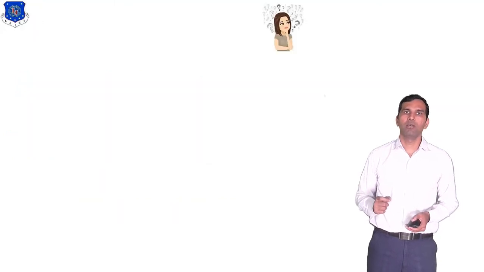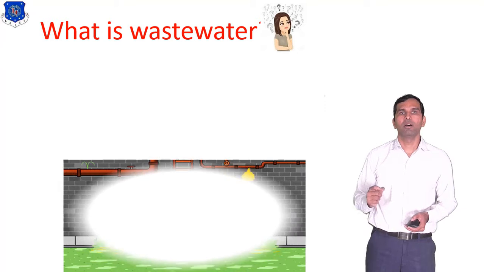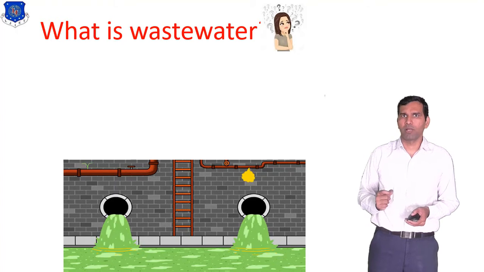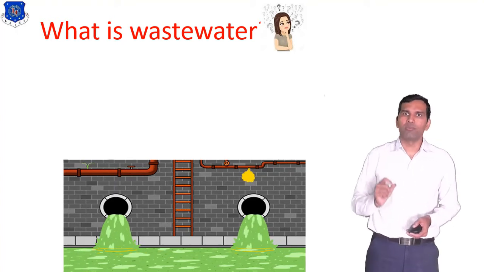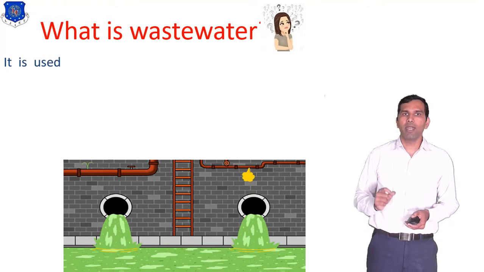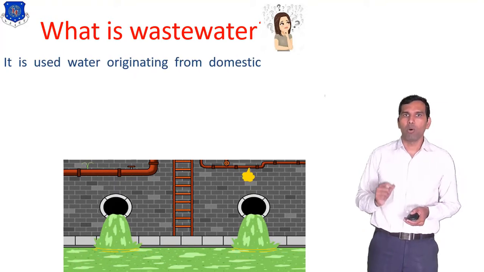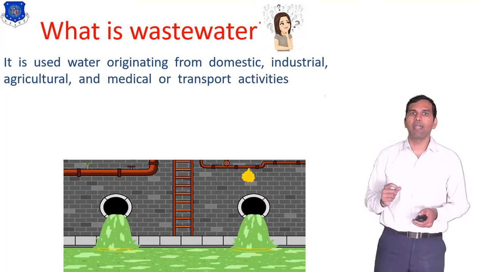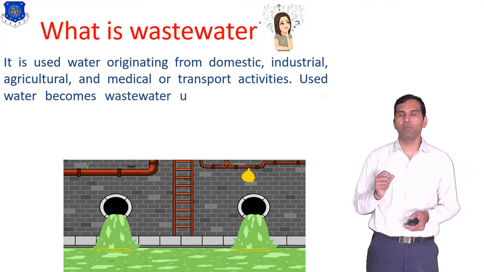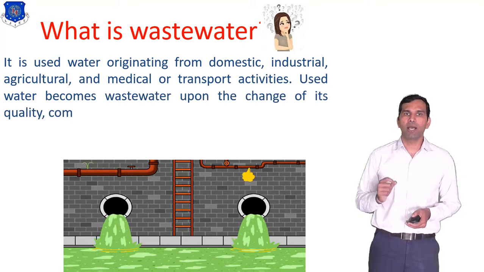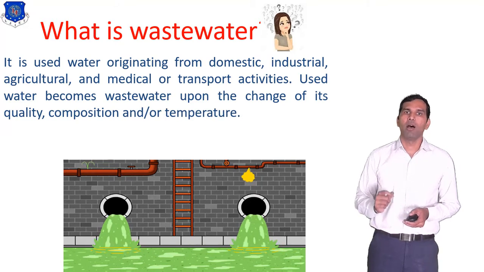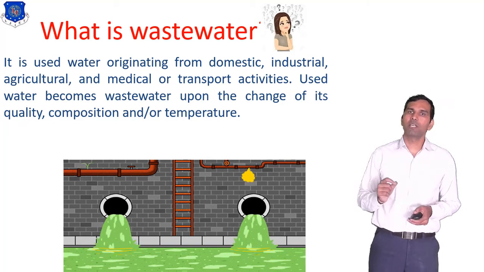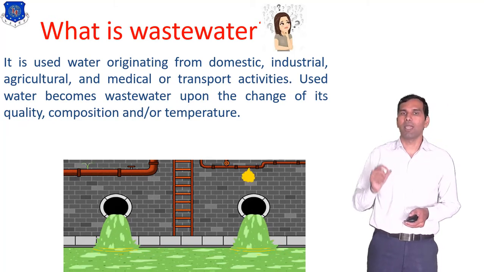So first a question comes to our mind: what is wastewater? The answer is that it is used water originating from domestic, industrial, agriculture, medical or transport activity. Used water becomes wastewater upon changes of its quality, composition and/or temperature.